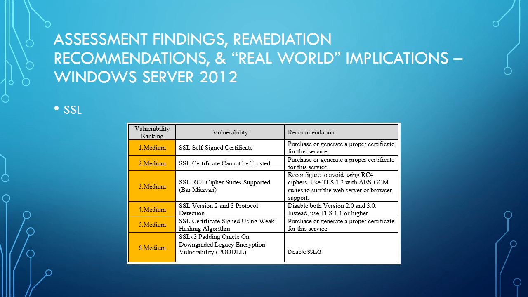So it recommends to disable SSL and instead use Transportation Layer Security, TLS, which is a better version of encryption. And that will solve the other two issues, actually the other three issues that you see on the screen.